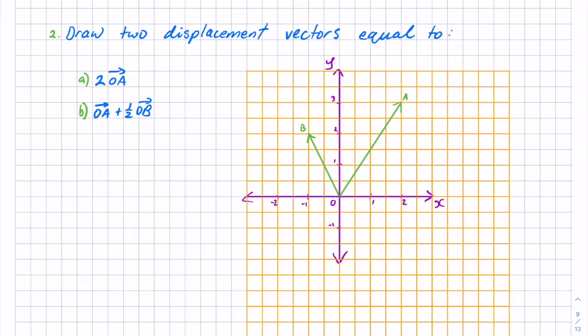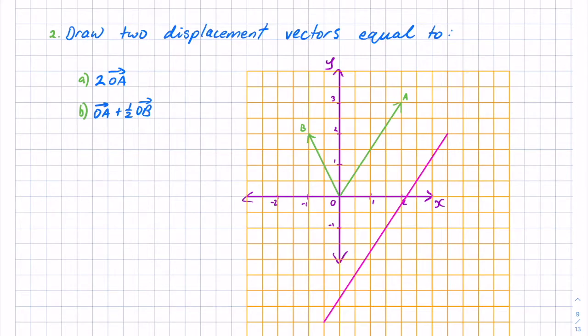So OA we can see goes across 2 and up 3. We need to double that. So we need to go across 4 and up 6. So I'm going to start down really low here, and I'm going to go across 4 and up 6, and then across another 4 and up another 6. So that's my 2OA.